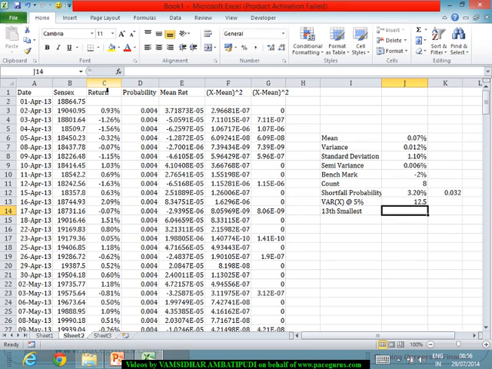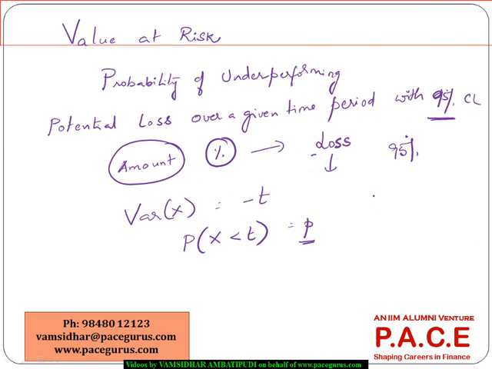I use a formula called SMALL to identify the 13th smallest value here. It says around minus 1.8%. Now what I'll say is minus 1.81% is the 5% value at risk for this on a daily basis.